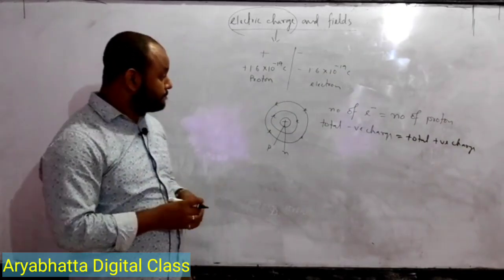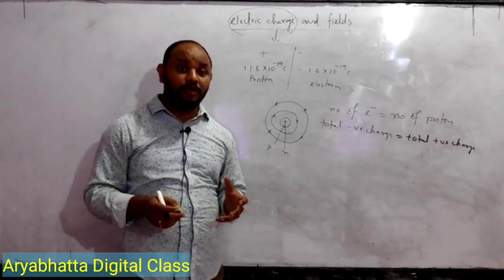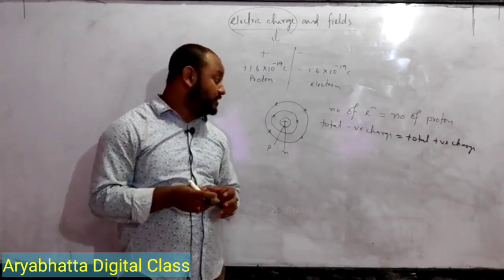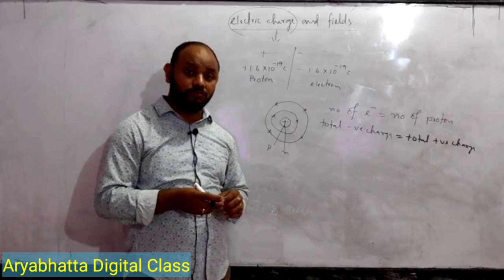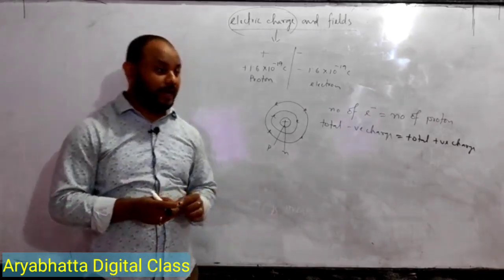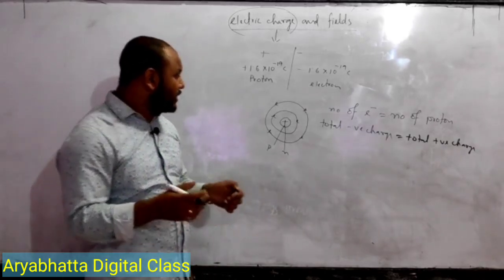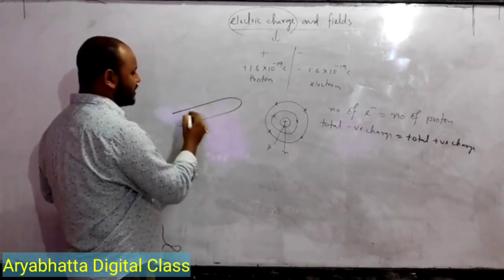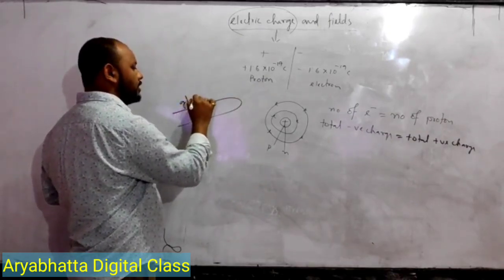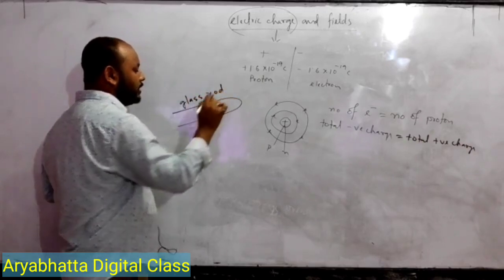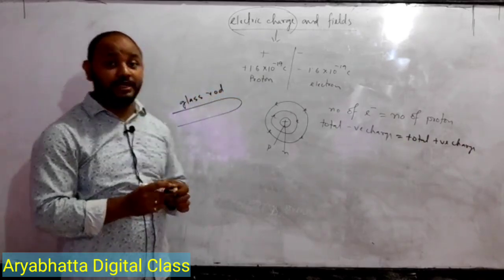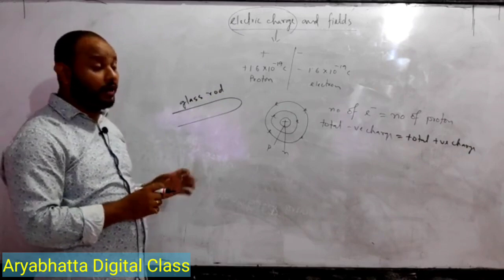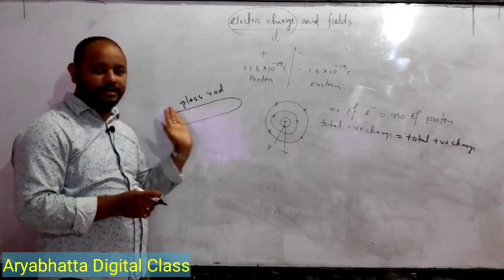We know that every body or object is made up of atoms. So let us consider a glass rod. Basically, a glass rod is an insulator, where electrons cannot flow easily.